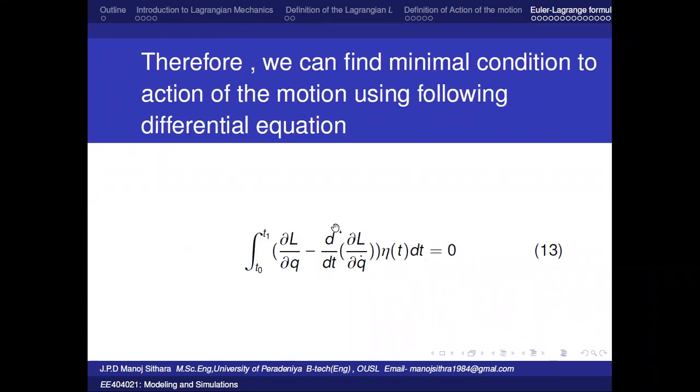Then we have the optimal condition in statement number 13. Now we know that theta is positive definite. That means whatever the value of t, theta will remain positive. And now we can cancel it out, right?